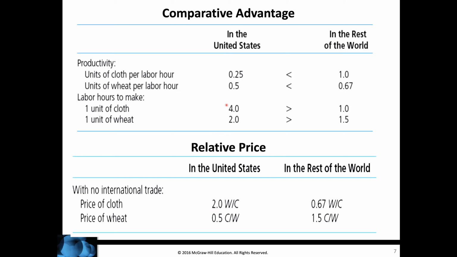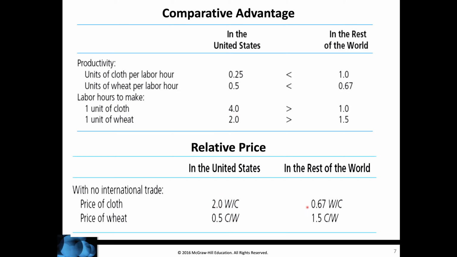So it takes 4 hours to make cloth, and it takes 2 hours to produce wheat. So the price of cloth is 2 wheat per cloth, and the price of wheat is half a cloth for every wheat. So this is the way we produce it. So half a cloth for every wheat.